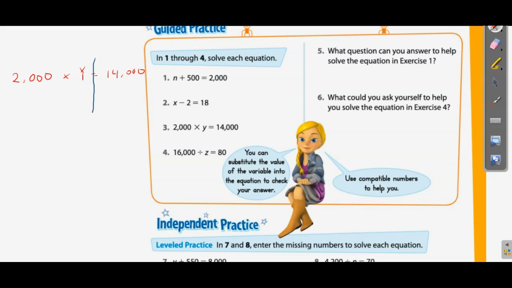And since this one is going to be multiplication, I'm going to do the opposite, which is going to be division. So I'm going to divide over here by 2000. They cancel each other out, so I'm just left on this side with 14,000 divided by 2,000.